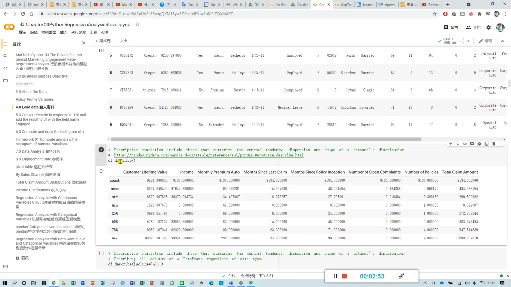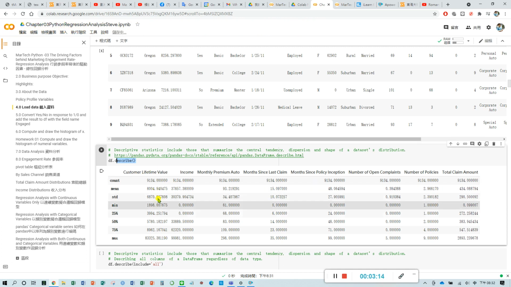What does describe mean? It will calculate the mean and the standard deviation for the continuous variables, which we call 数值型的变数. Continuous variables.